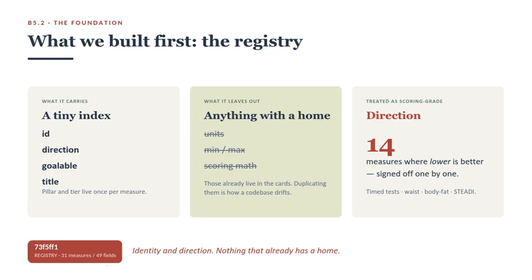Get any of those backwards and the app would congratulate you for getting worse and never throw an error. So we signed off on four lower-is-better tests one at a time, like we'd sign off an equation. Foundation laid, or so we thought.